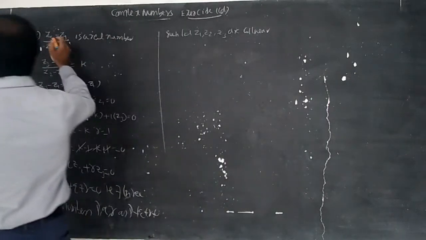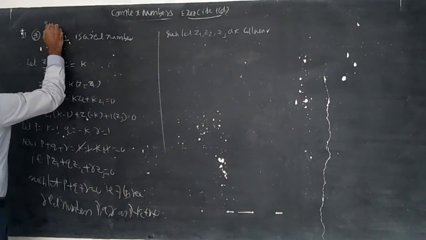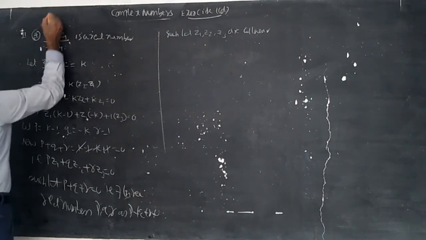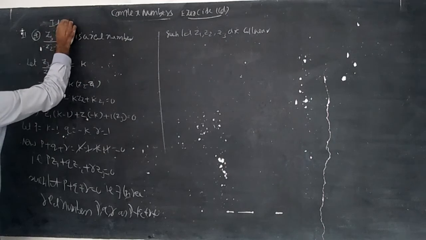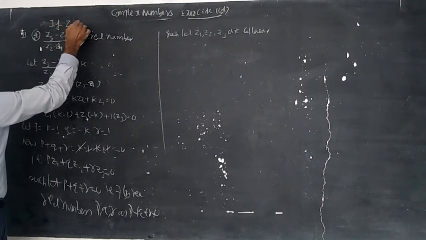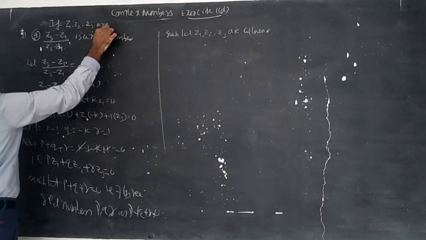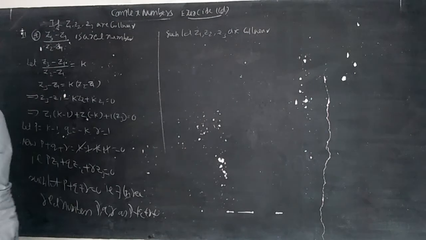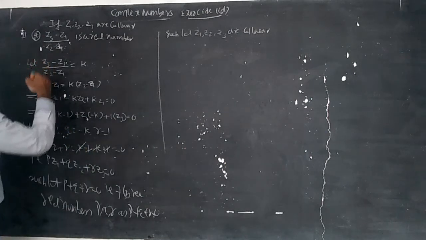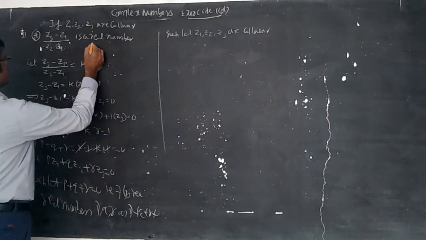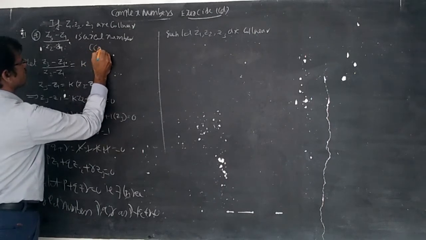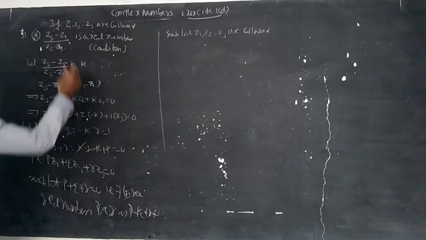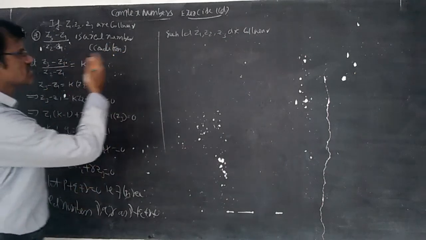If Z1, Z2, Z3 are collinear, then Z3 minus Z1 by Z2 minus Z1 is a real number. This is the rule, the formula or condition you write. According to this condition, we get that they are collinear.